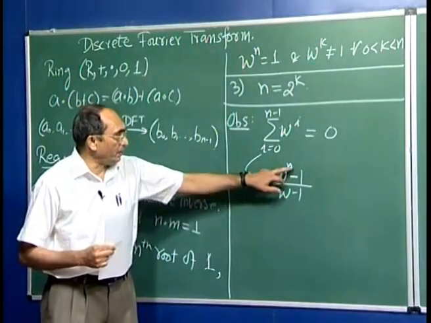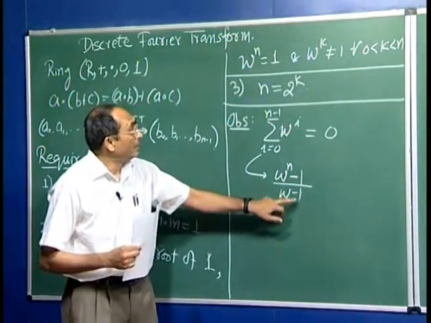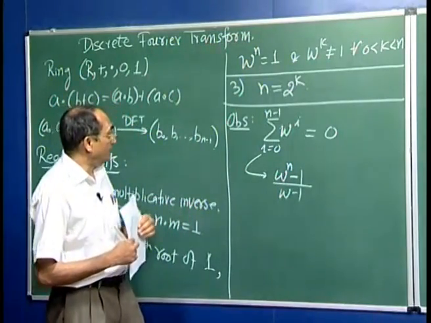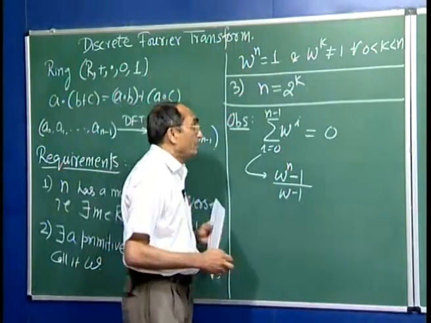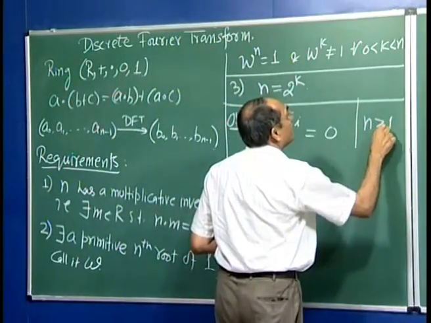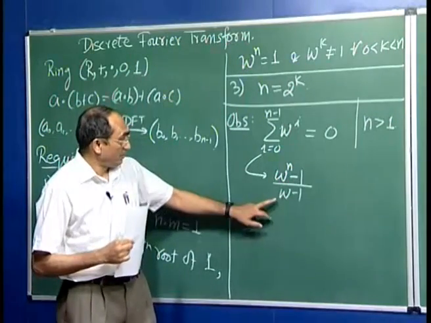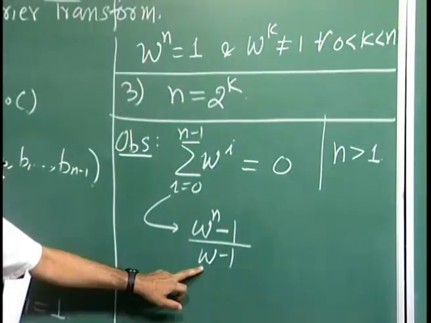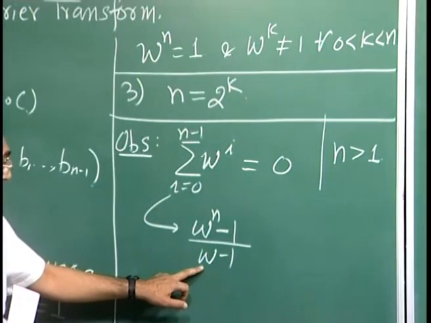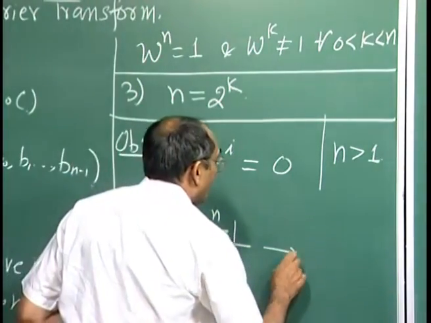This is 1, hence this is 0, and we are assuming that n is greater than 1. So w power 1 is not 1, and this makes it 0.